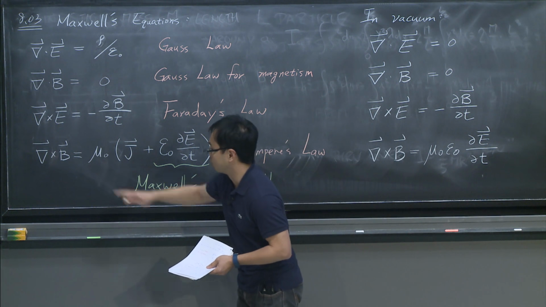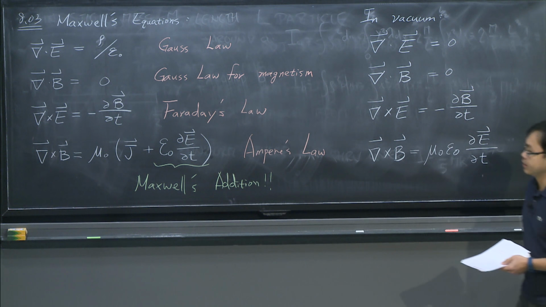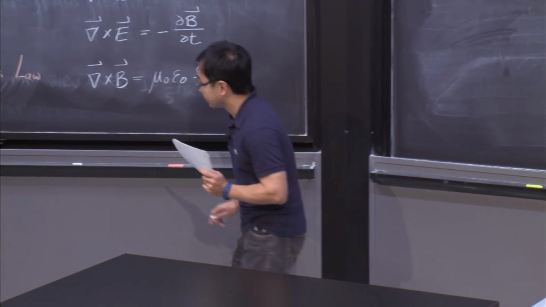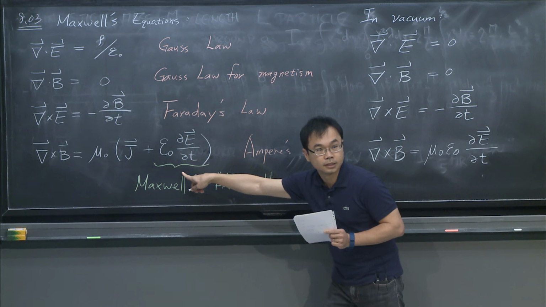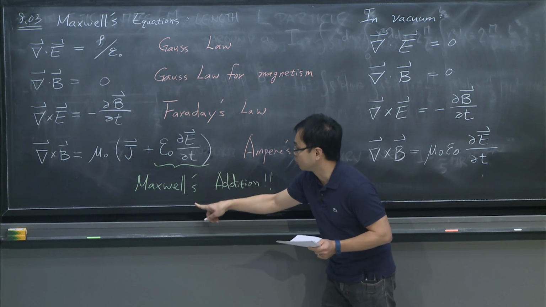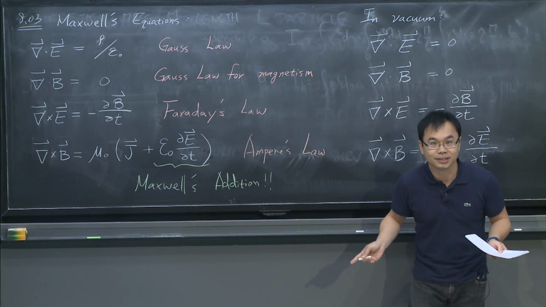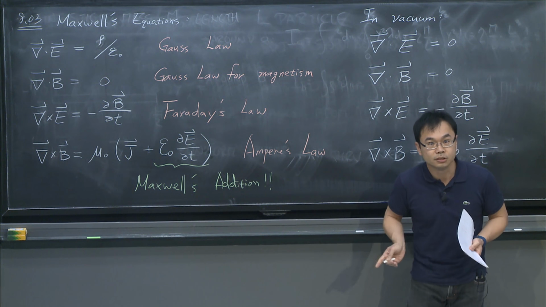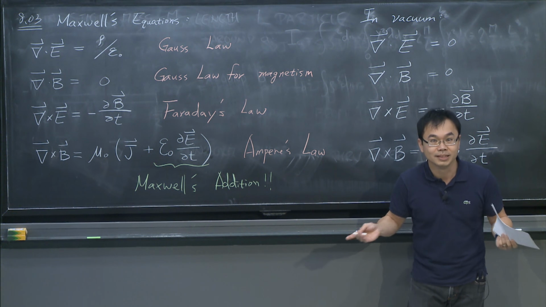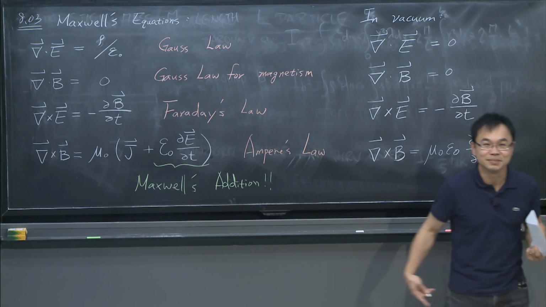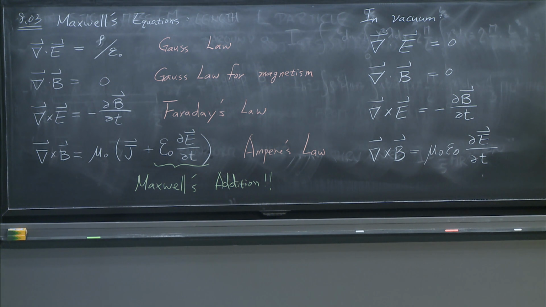Mu 0 is a constant, the permeability, and it relates the current and the displacement current to the curl of B. I would like to draw your attention to this very important term, which is Maxwell's addition. Without Maxwell's addition, there would be no electromagnetic wave. Then you could not see me.